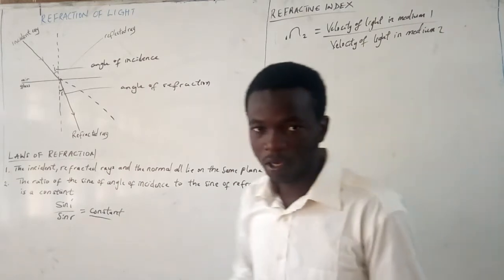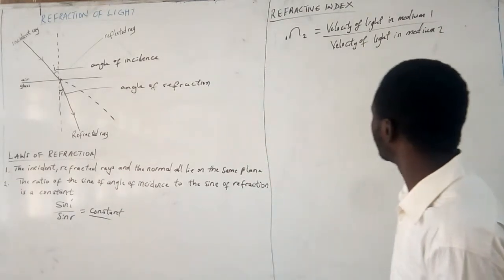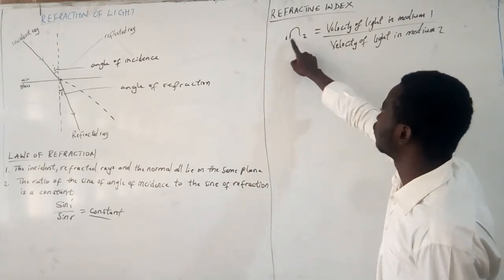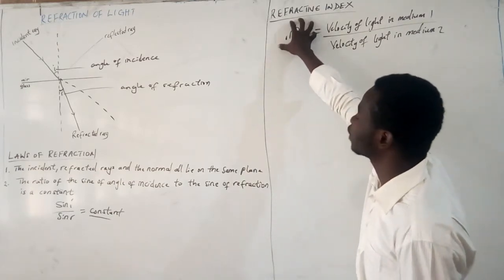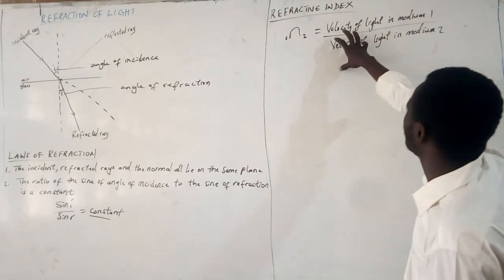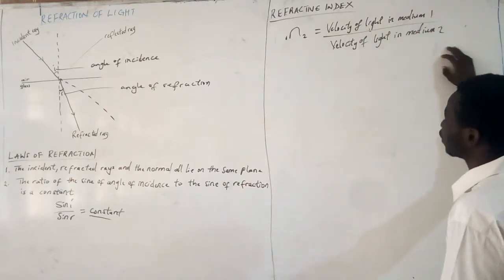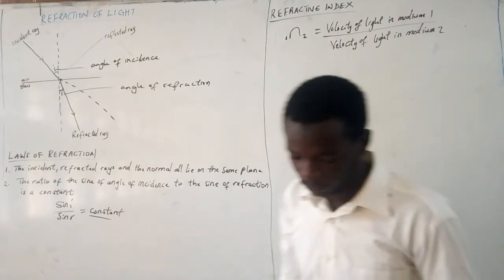So that's another formula for the refractive index. That is, when light travels from medium 1 to medium 2, the refractive index is given by the velocity of light in the first medium over the velocity of light in the second medium.